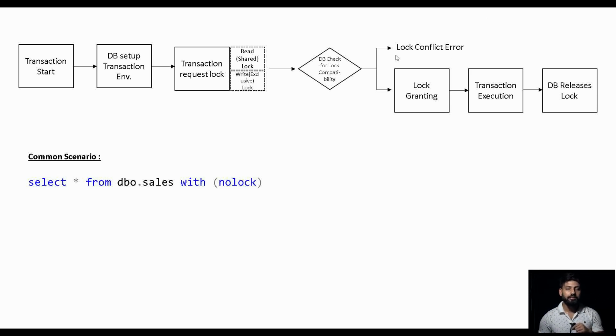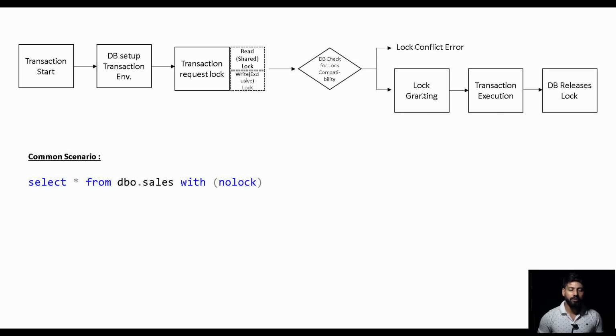And if a shared read lock has been implemented by user 1, and user 2 is also asking for read only, then the lock will be checked by the DB and granted. After that, transaction execution will happen, and the DB releases the lock.